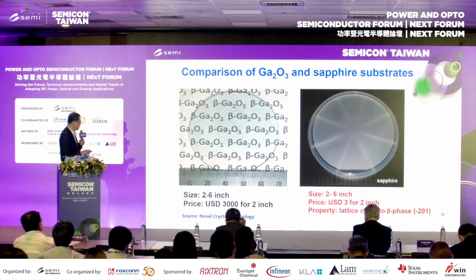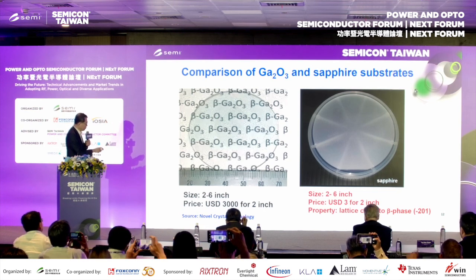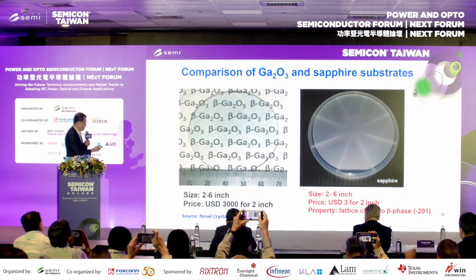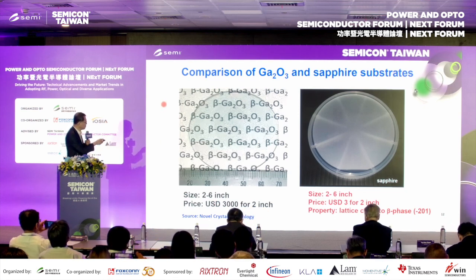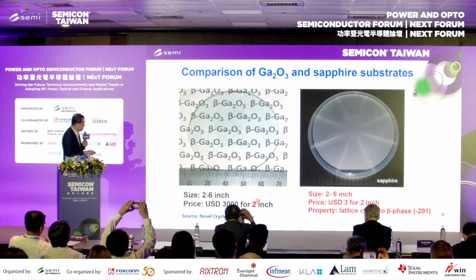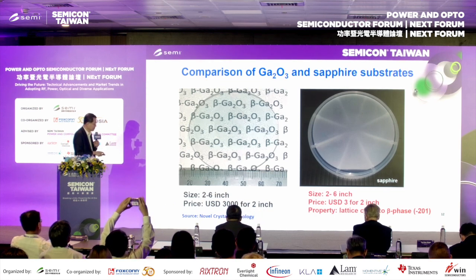Because this is the 2 to 6 inch gallium oxide substrate, 2 to 3 inch, it is very expensive.